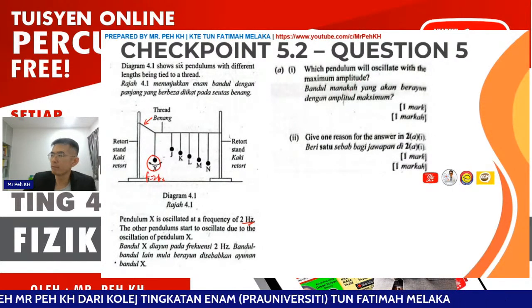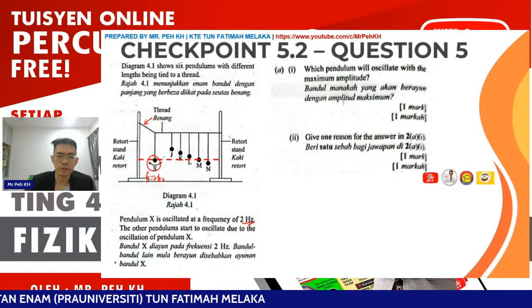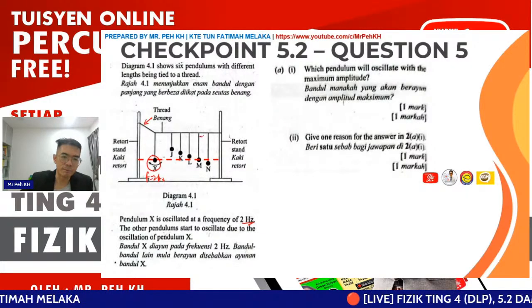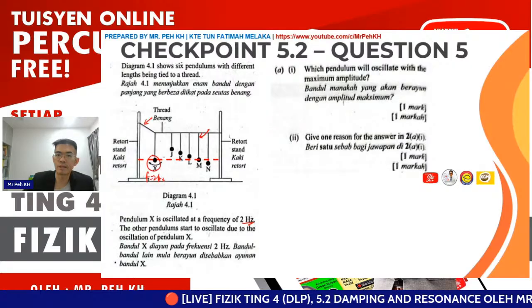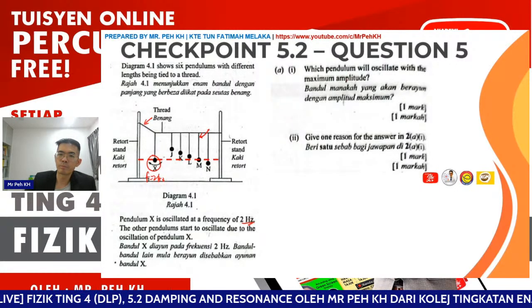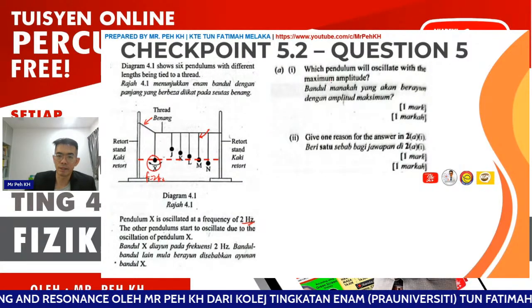For pendulum, we need to look at the length, right? The length of the pendulum M is the same as the length of X. So that means we expect the amplitude of oscillation by pendulum M will be the highest.